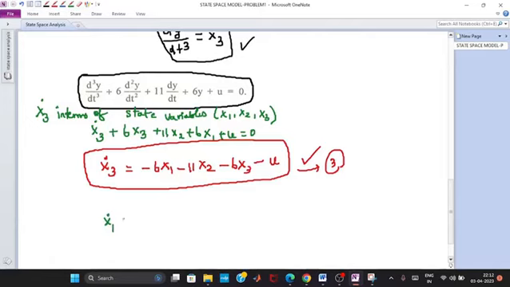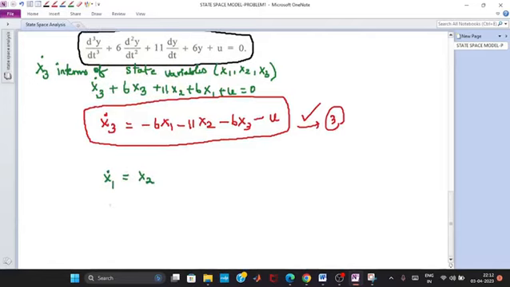What is the first equation? x1 dash equal to x2. What is the second equation? Equation number 2, x2 dash equal to x3. Similarly, x3 dash equal to minus 6x1 minus 11x2 minus 6x3 minus u.